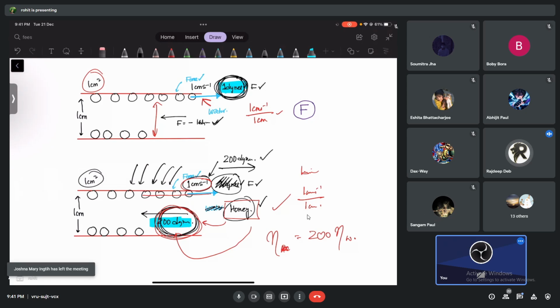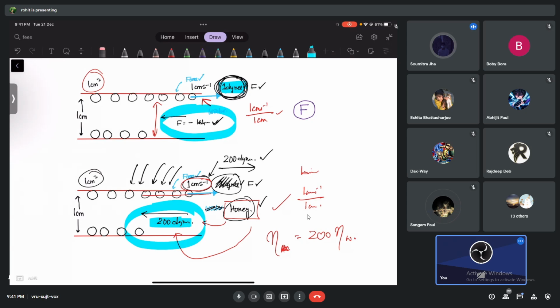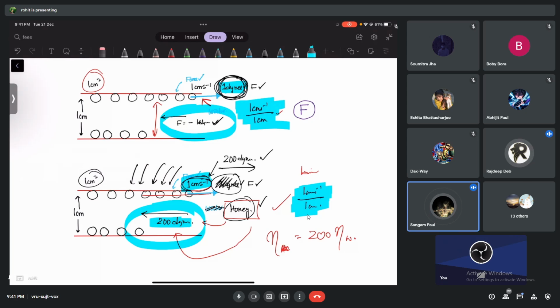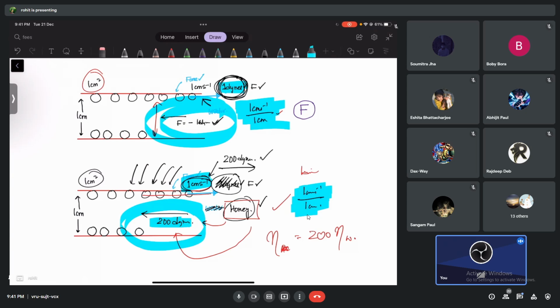So what is coefficient of viscosity? Is coefficient of viscosity the velocity gradient? No. Is it the area? No. What is coefficient of viscosity, guys? It is the force required to maintain how much velocity gradient? 1 centimeter per second, just call it 1 unit.